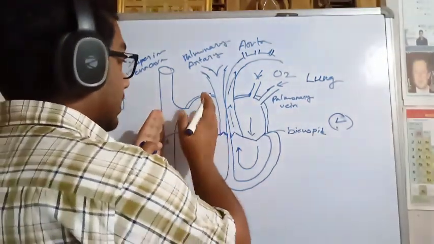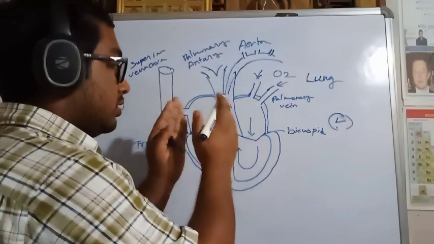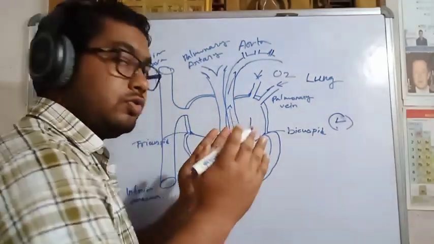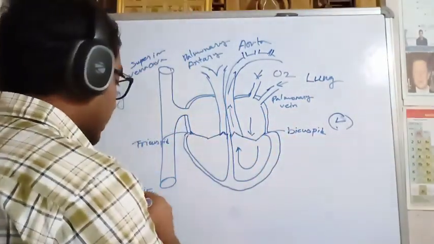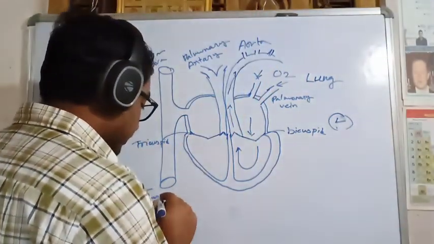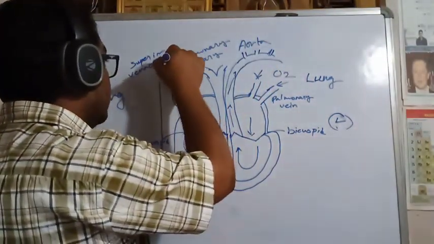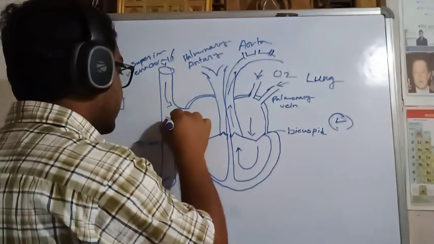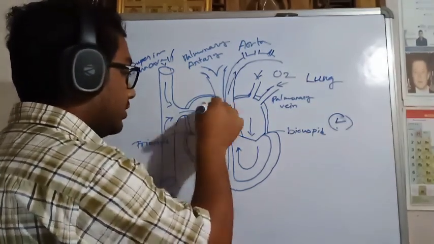And when the right atrium contracts, the blood from all over the body, upper side and lower side, comes in by this side. Then it comes through to the right ventricle, which also expands.